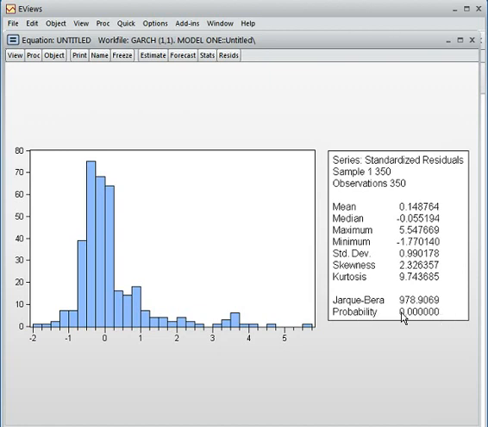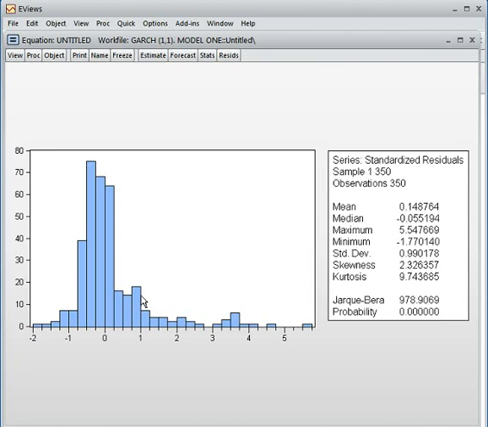Here we can reject the null hypothesis because the p-value is less than 5%, meaning we accept the alternative hypothesis: residuals are not normal. So from this point of view, this model is not good because residuals are not normal.